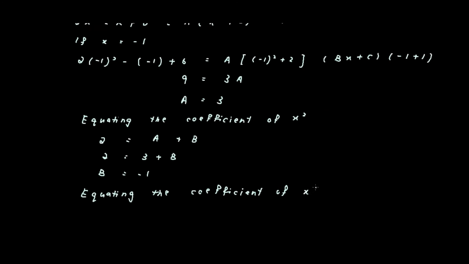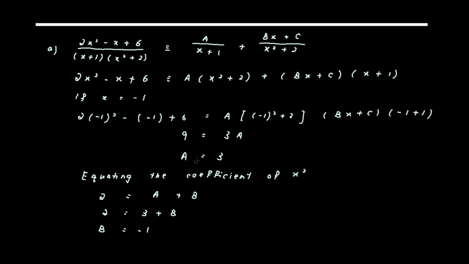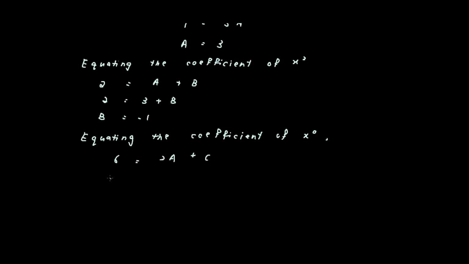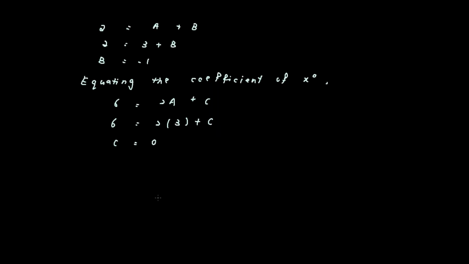So x to the power 0, so I'll have 6 equals to 2 times a, okay, a times 2, then after that c times 1, so plus c. So since I have my a already, so let's substitute 6 equals 2 times 3 plus c, so my c is 0.